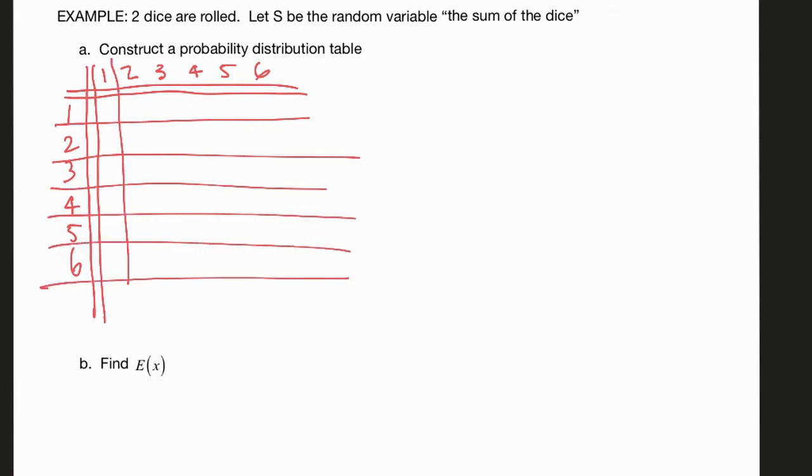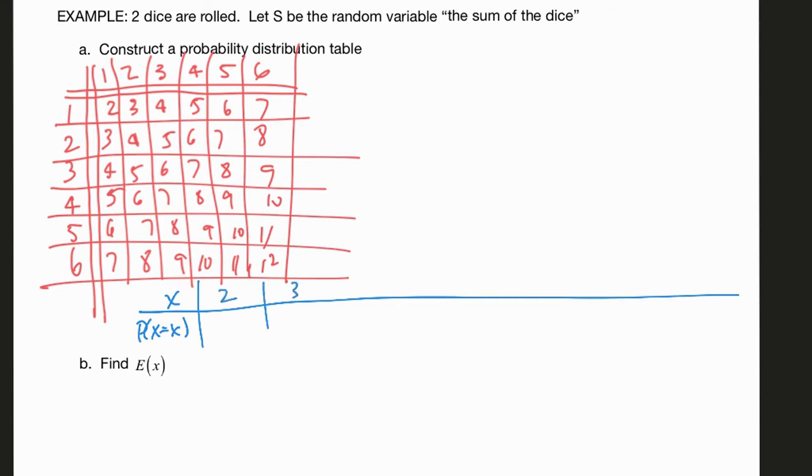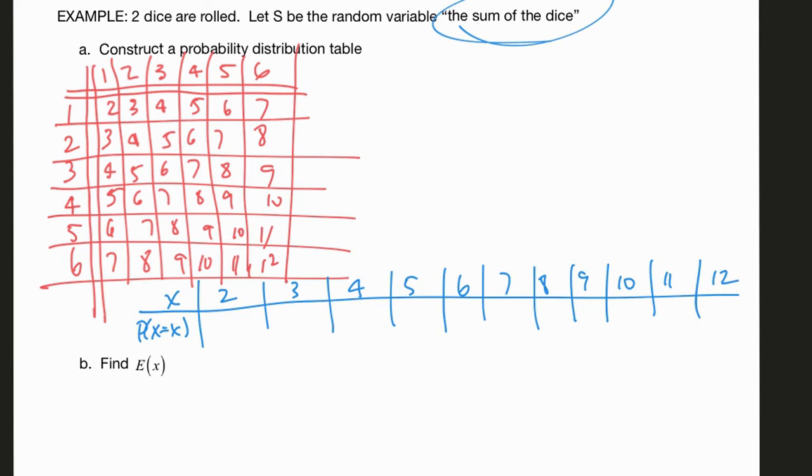All right, and so we're going to construct this with the sums. Okay, so the possible outcomes across the top are you could get a 2, a 3, a 4, a 5, a 6, a 7, an 8, 9, 10, 11, or 12. Those are the possible sums of the dice.